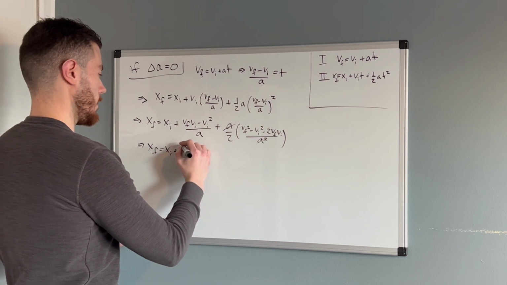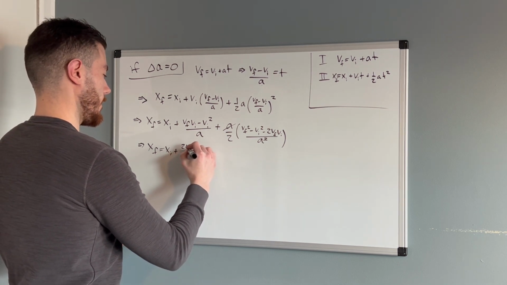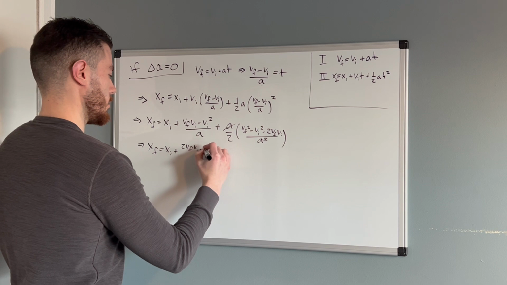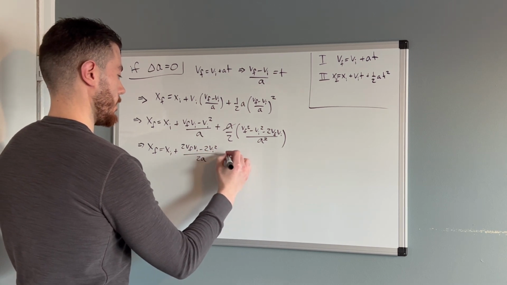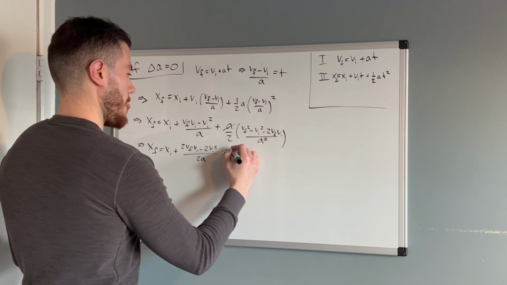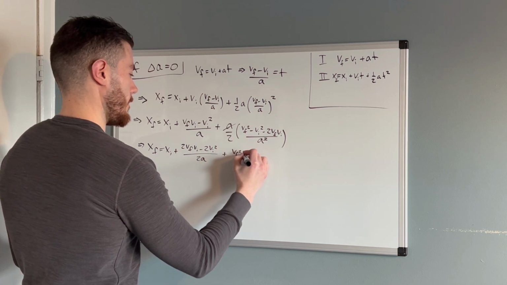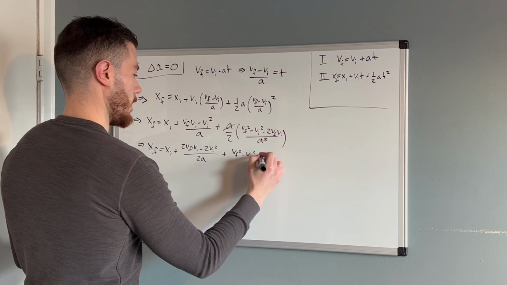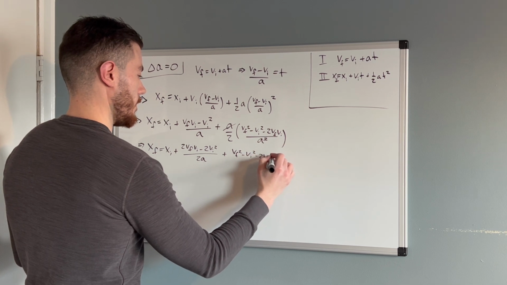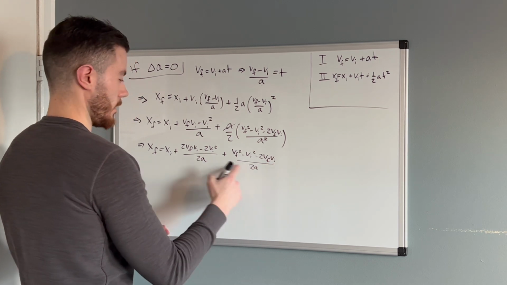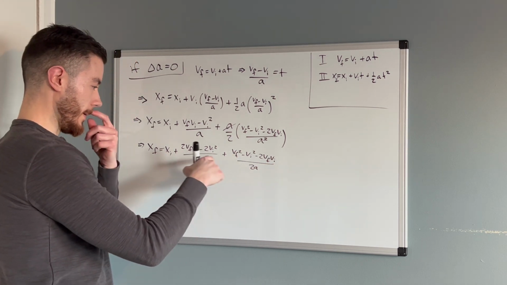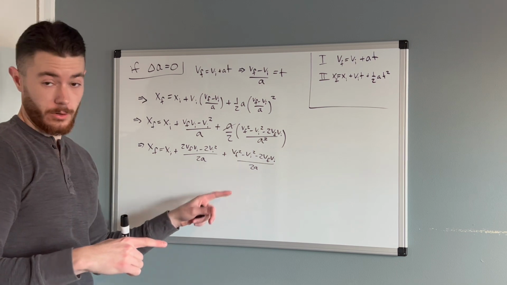So 2vf vi minus 2vi squared over 2a plus vf squared minus vi squared minus 2vf vi over 2a. These now have the same denominator. We can treat it as one term.